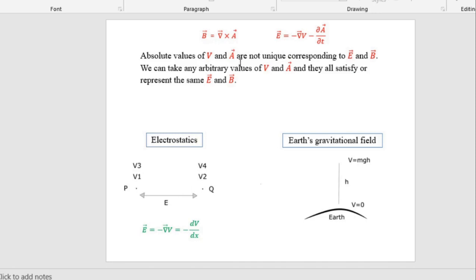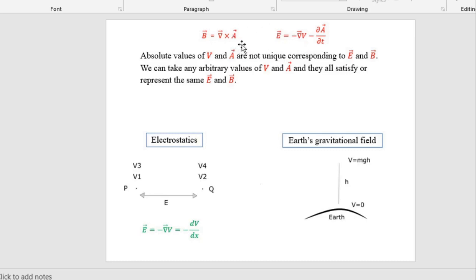Okay, that means we are trying to understand the same property of these electromagnetic potentials, that these potentials corresponding to this electric field E and magnetic field B are not unique.